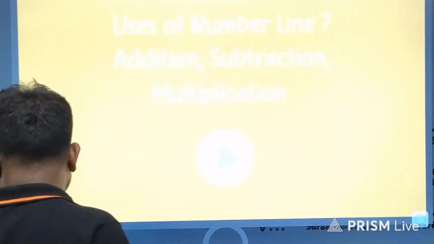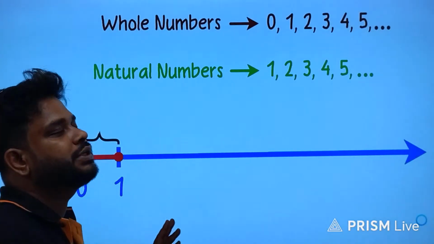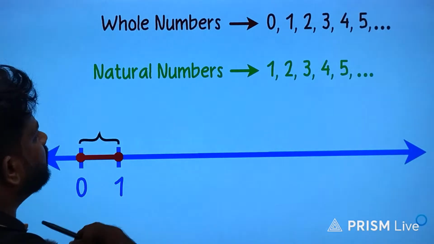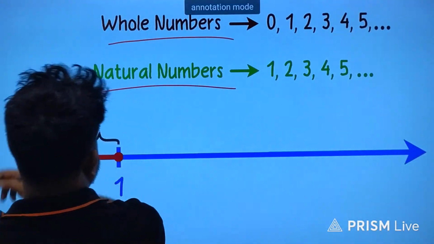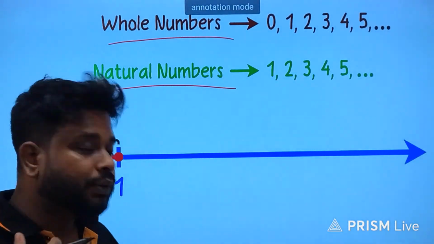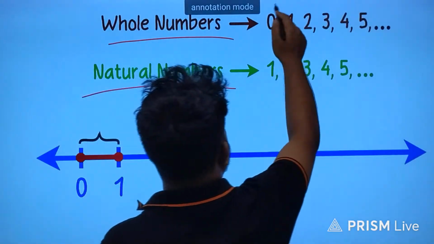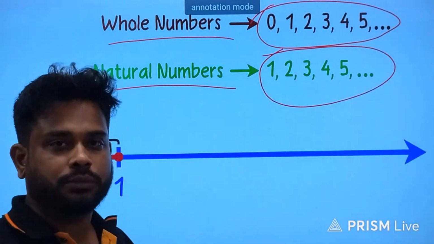So here was the video, but why did I play the video? This video is just a summarization of all the numbers starting from whole numbers and natural numbers. For the chapter Number Play, or playing with numbers, we have to know about the numbers themselves to know the patterns of the numbers.